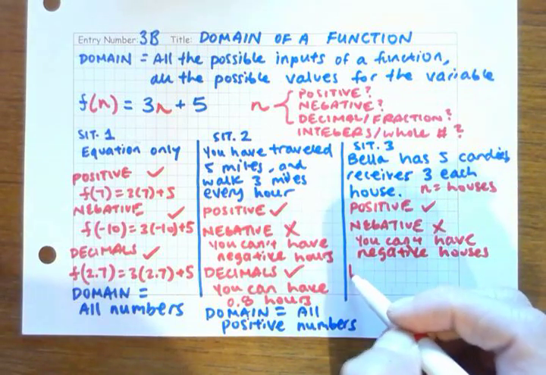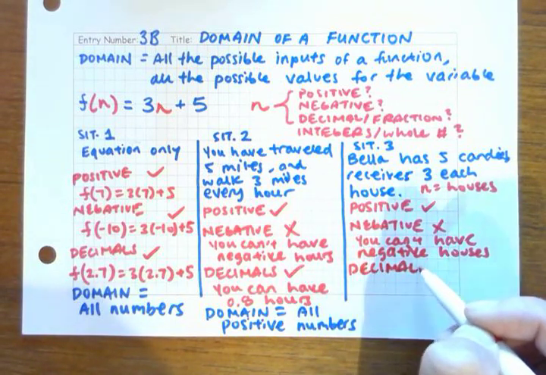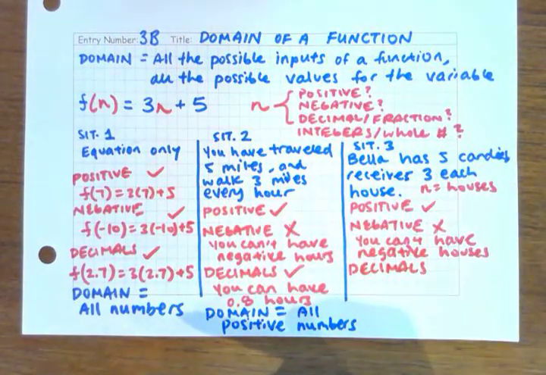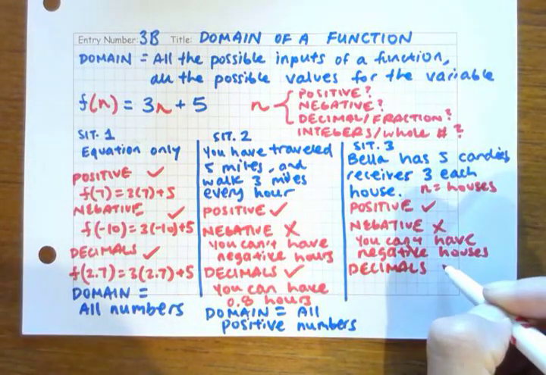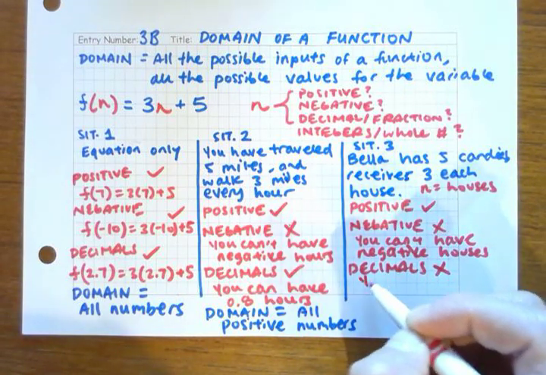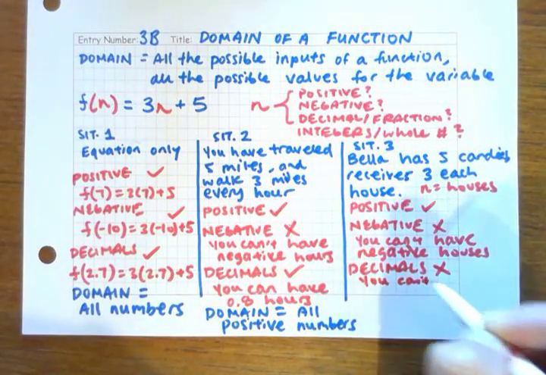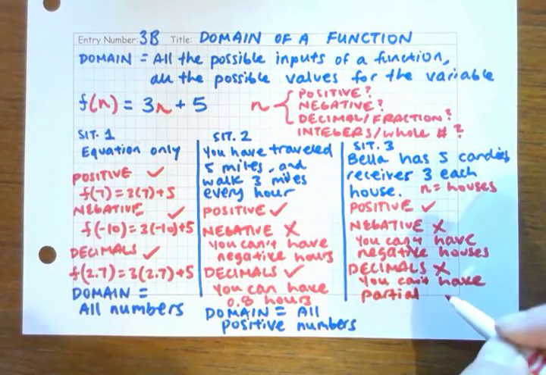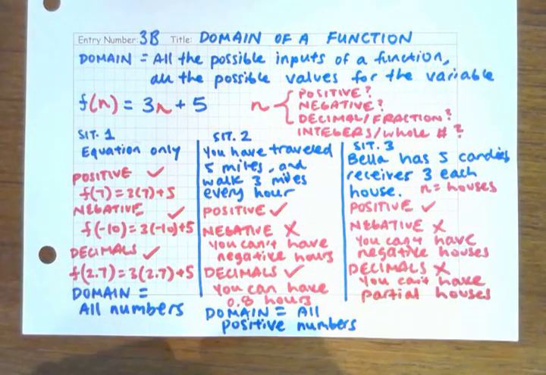Then let's check decimals. Can she visit a decimal number of houses? Can she visit 2.5 houses, or 3 1/3 houses, or 102/5 houses? Well, no, you can't, because either it's a whole house or no house at all when you're trick-or-treating. So we can't do decimals. You can't have partial houses.